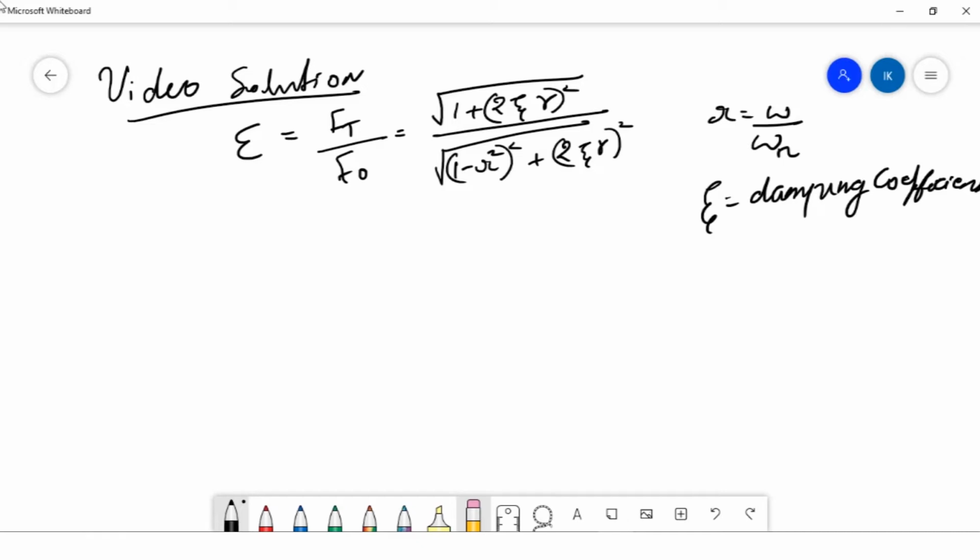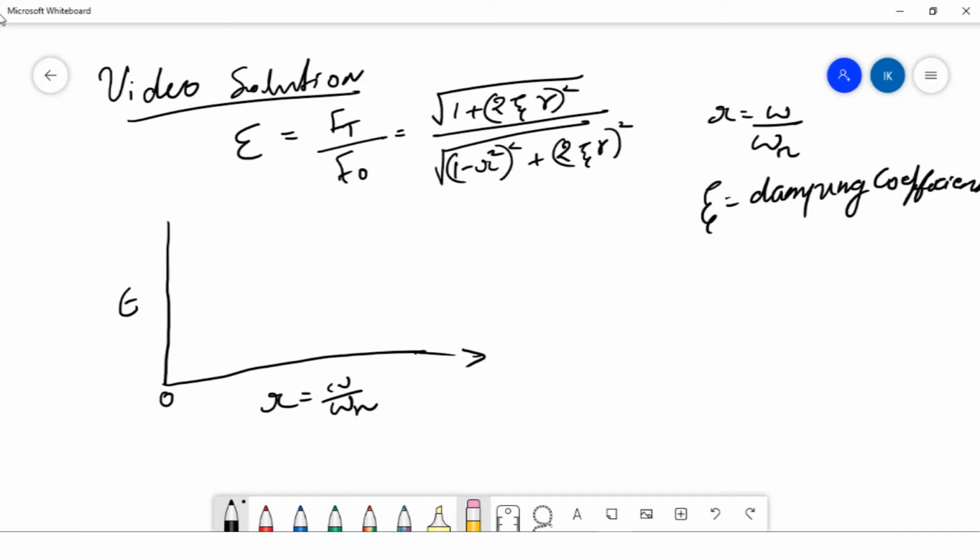Now, using this we can plot the transmissibility versus r. If we want to make a graph between the transmissibility and r, where r is omega by omega n, it can start from r equal to 0, that means omega is 0 and the excitation frequency is 0, and omega can go to a higher number.